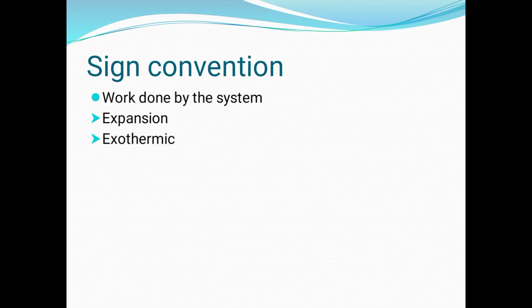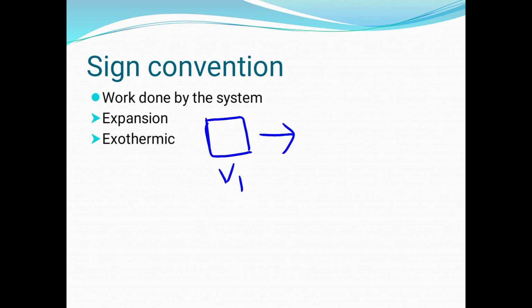Coming to the sign convention part, when work is done by the system, we see expansion, and it's an exothermic process. Let me show you. What we said, expansion. So this is, say, suppose my system whose volume is V1. Now this system is doing some work.